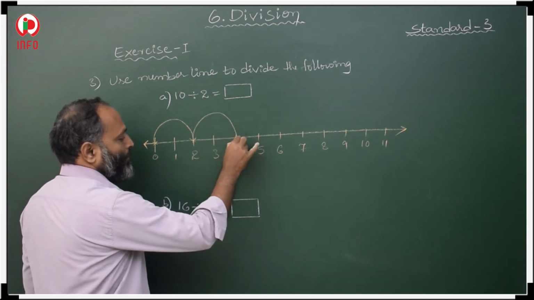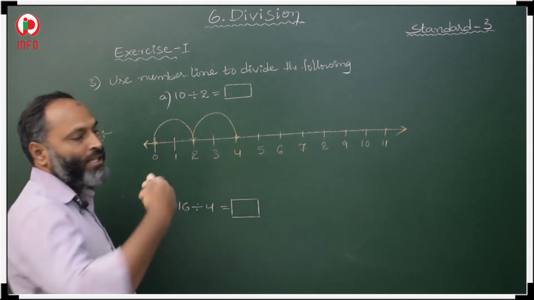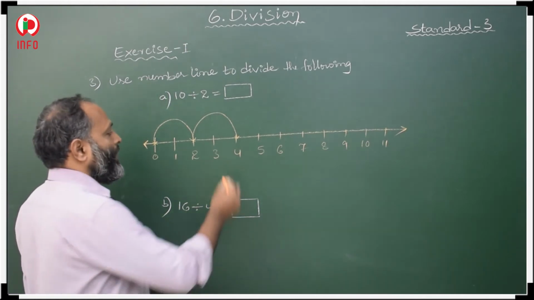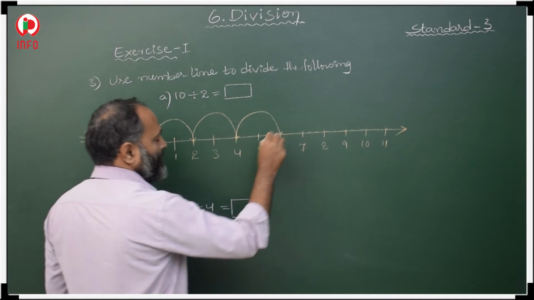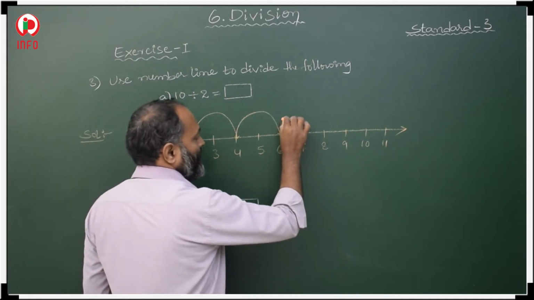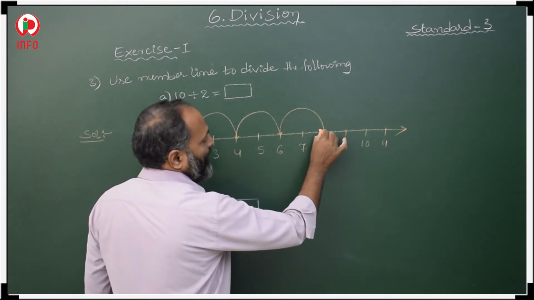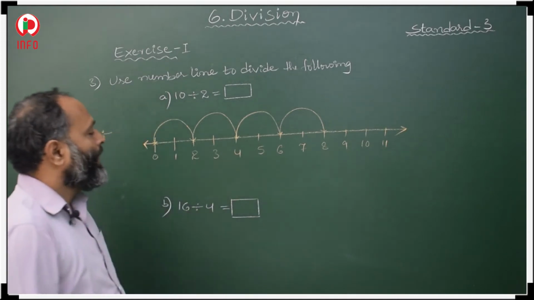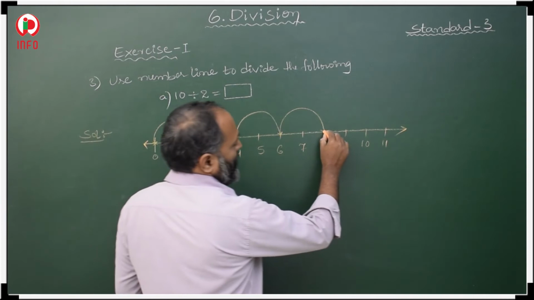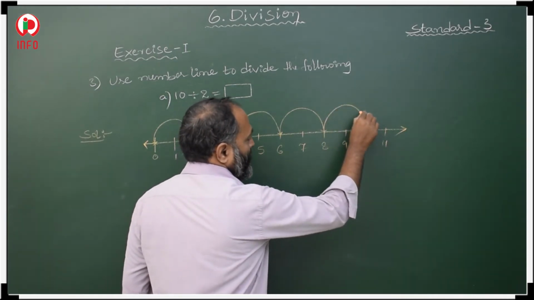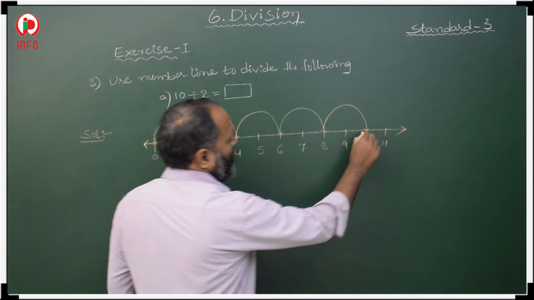At 4. From 4 if we jump 2, where will we reach? At 6. From 6 if we jump 2 places, we are at 8. From 8, if we jump 2 places, we are at 10.